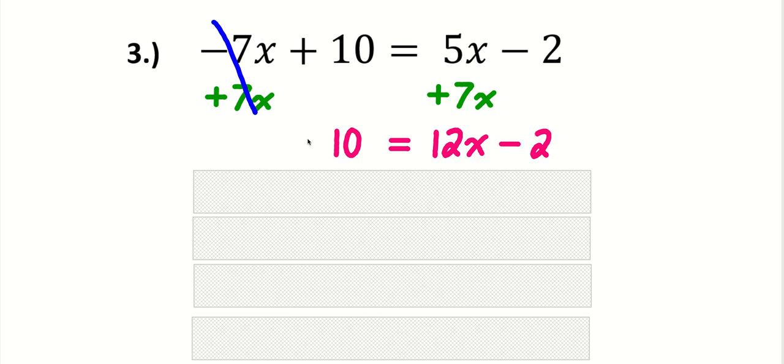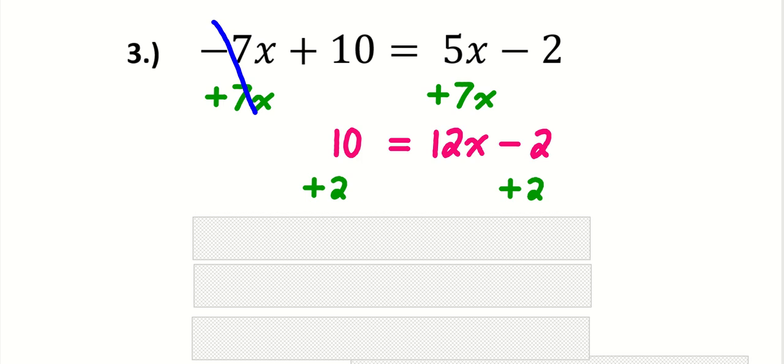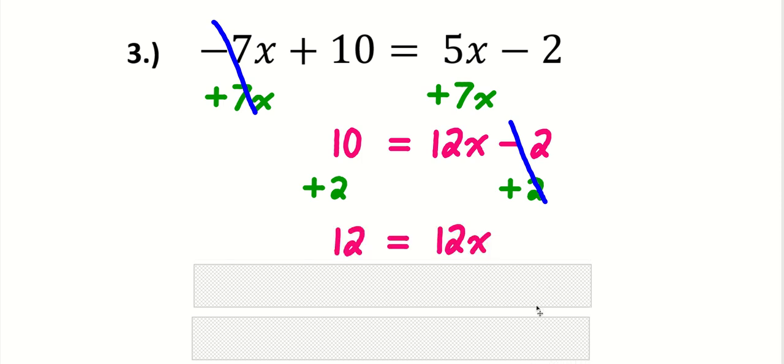And then again, from here on out, you're just doing whatever you have to do to get this x all by itself on this right side. So to do that, first you would add 2 to make that subtracting 2 gone. And so that would leave you with a 12x over here. And the left side, of course, would now become 12.